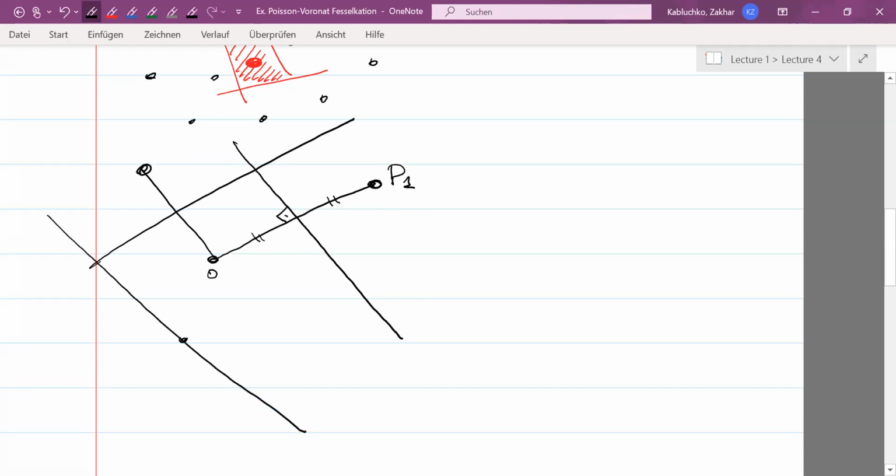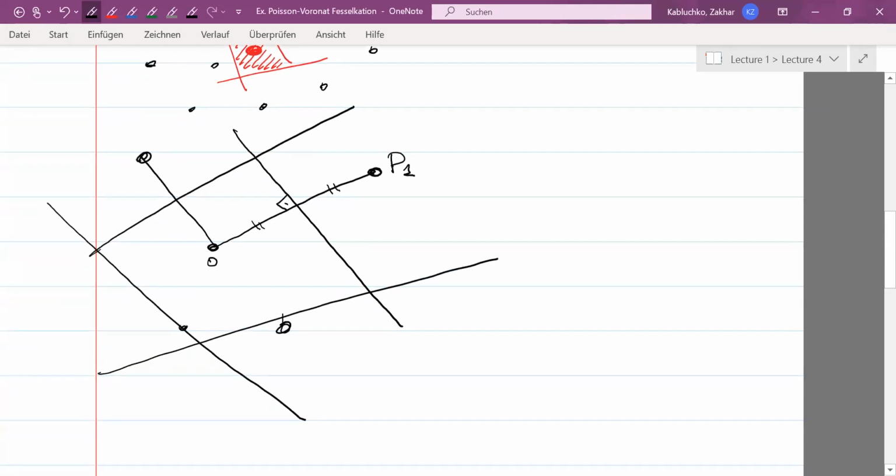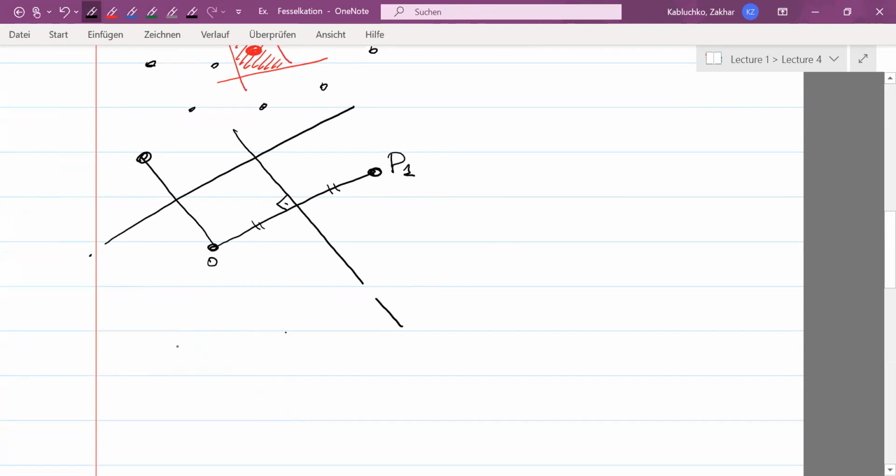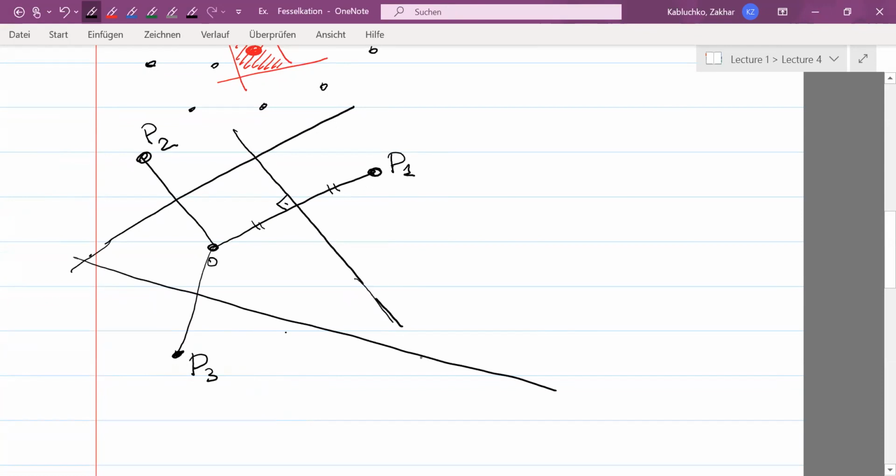And the intersection of these half spaces, I'm sorry. So suppose I have one more point here, P2. Then we have a hyperplane here. And the intersection of these half spaces is our Voronoi cell, right?